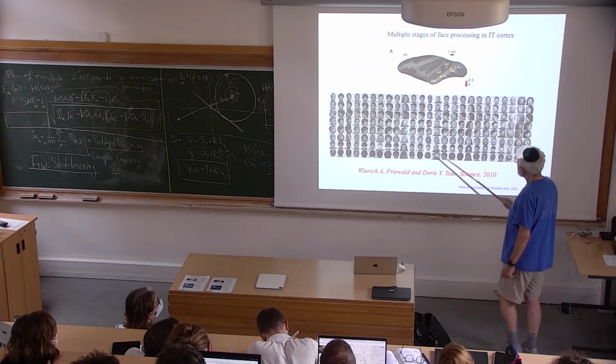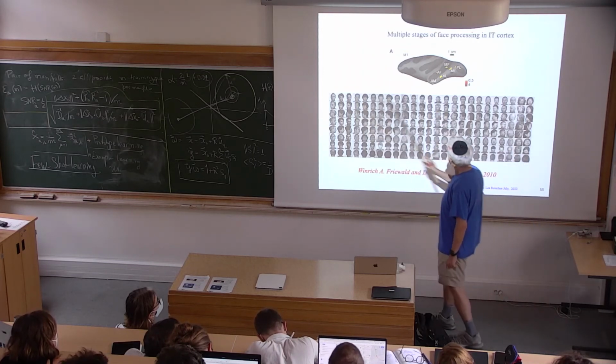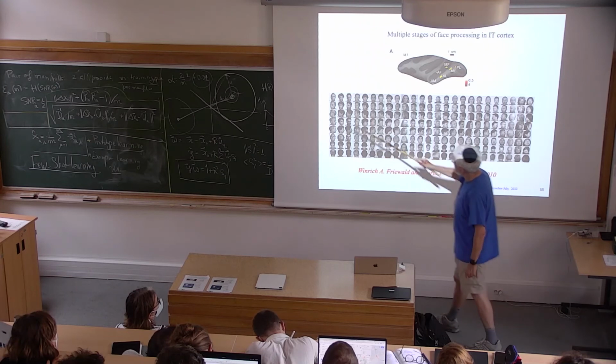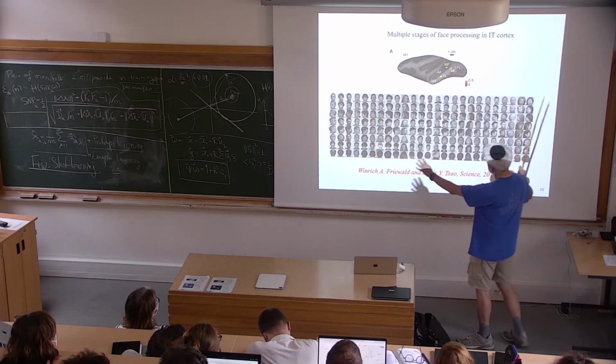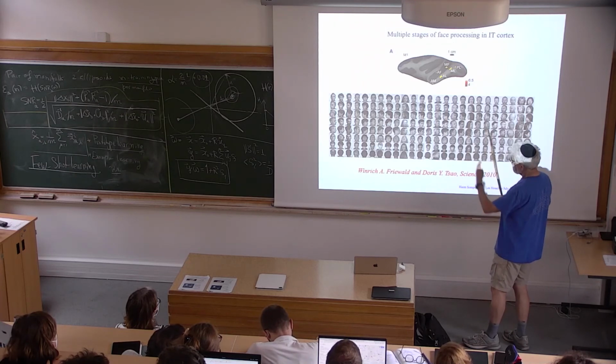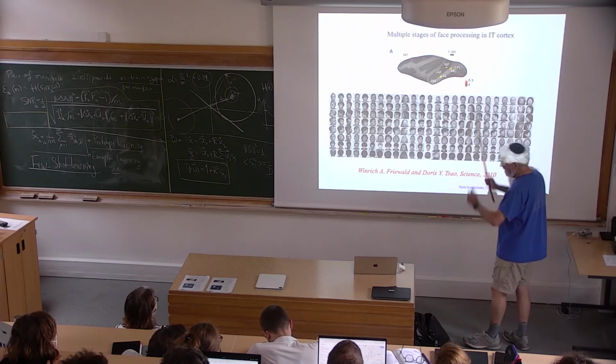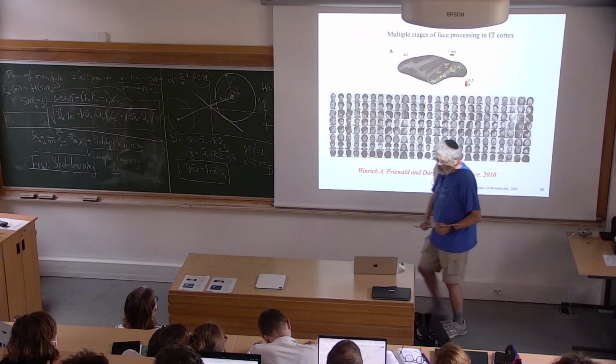They did it on the basis of showing the monkey something like 28 faces, each face with some 8 poses, as you can see here. So these are the images, and the monkey was viewing those, and they measured the neural responses.